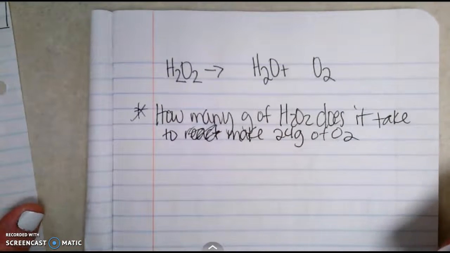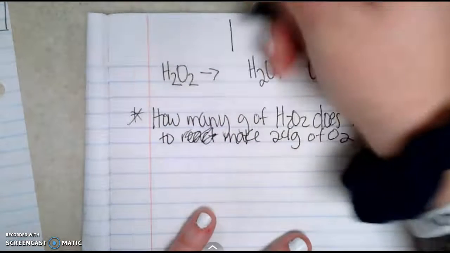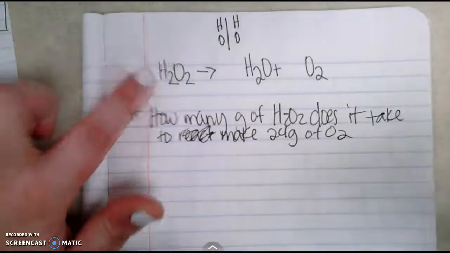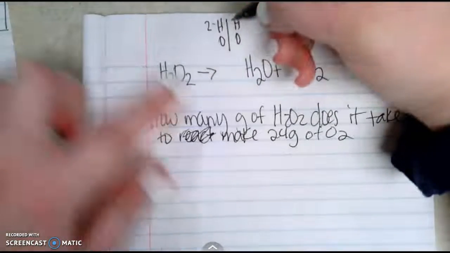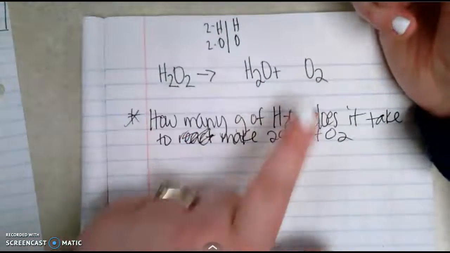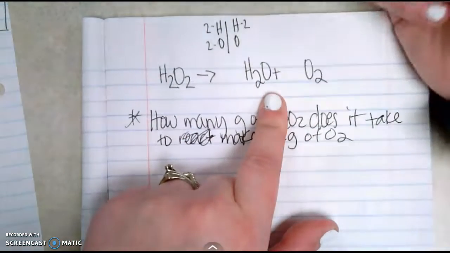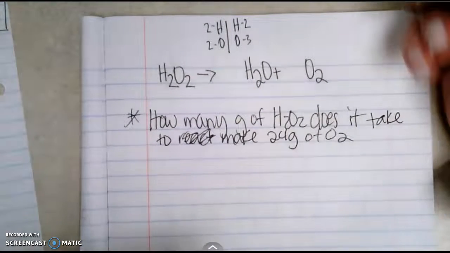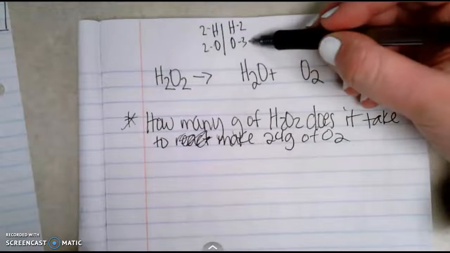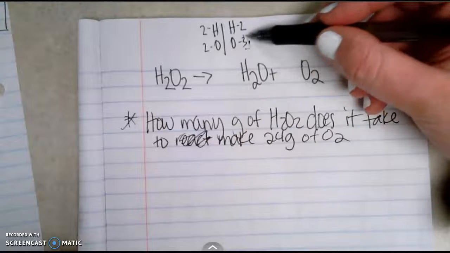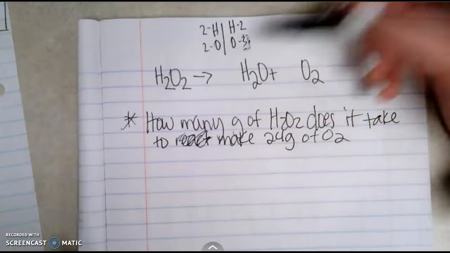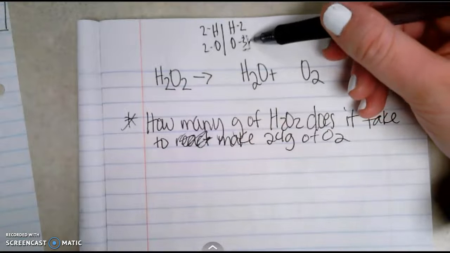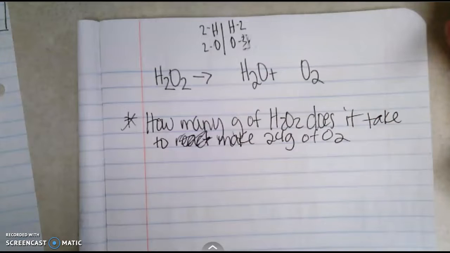Okay, so before I can even get into the new stuff, I have to make sure this equation is balanced. So I'm going to balance it real quick. I've got some H's and I've got some O's. Over here I have 2 H's and I have 2 O's. Over here I have 2 H's and I got 3 O's. So this 3 is a concern for us. It's hard to balance an odd number, so I'm going to try to make it an even number. I have 2 O's here.